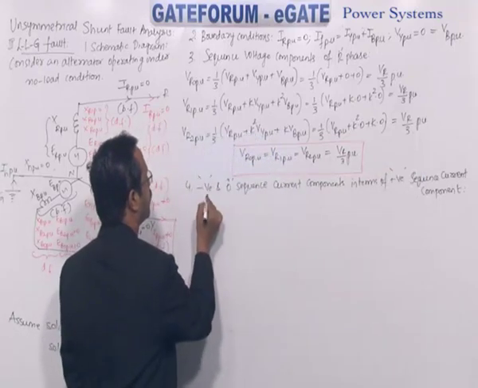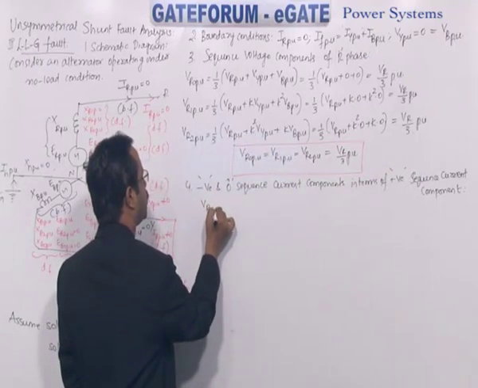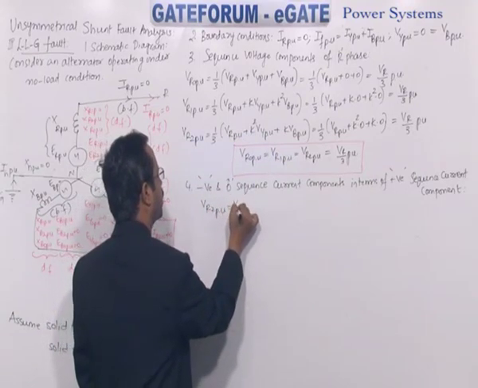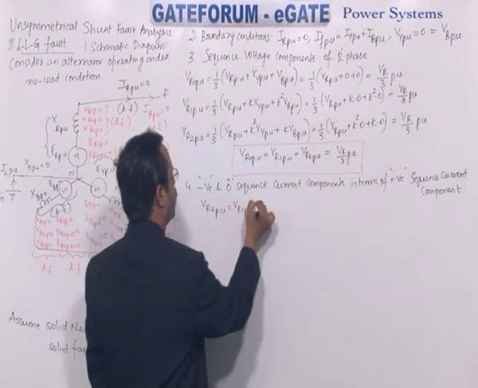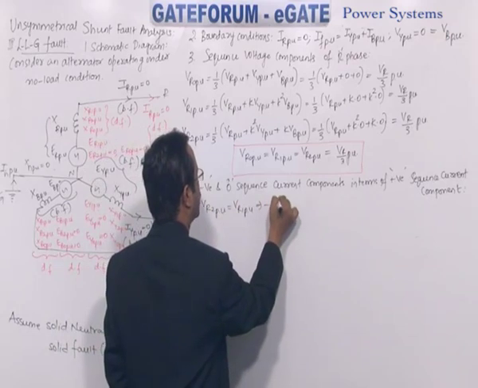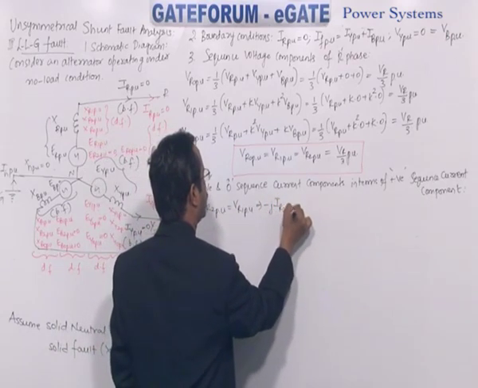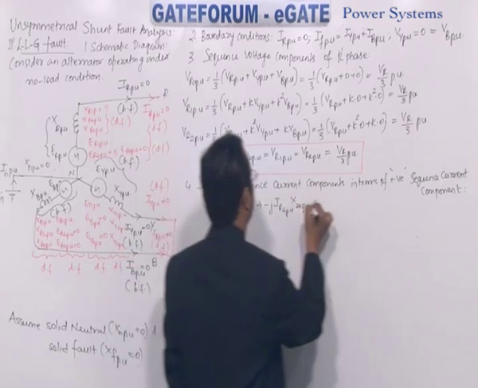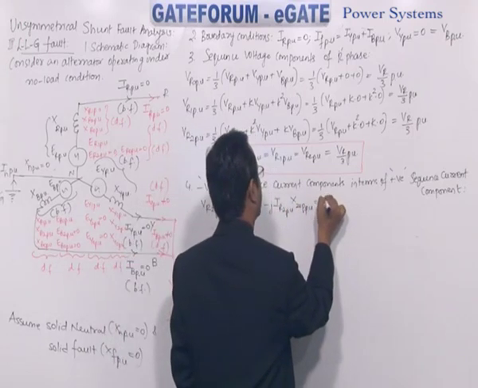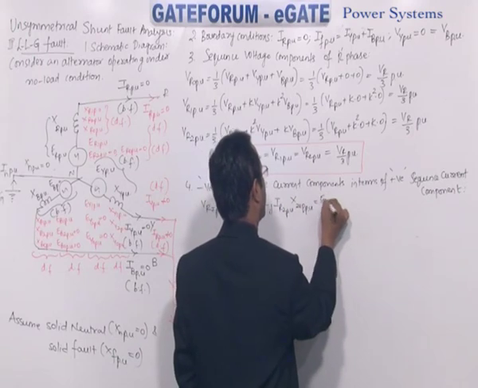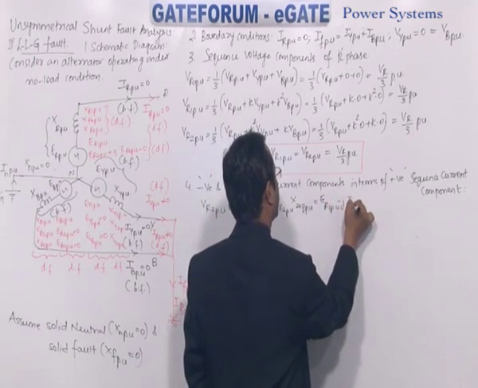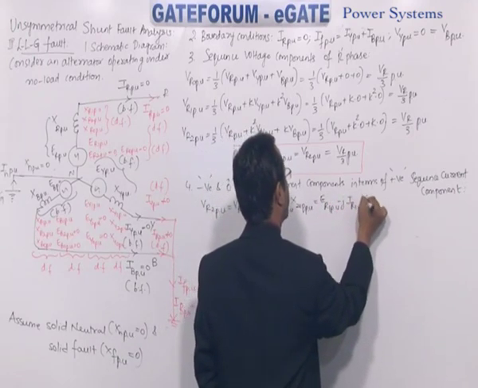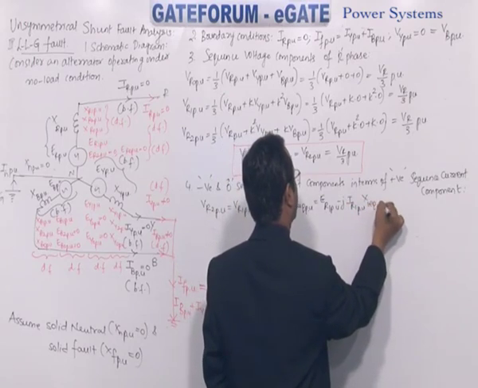Use this relation. VR2 per unit is VR1 per unit. VR2 is minus J IR2 X2 equivalent per unit. VR1 is ER1 minus J IR1 X1 equivalent per unit.